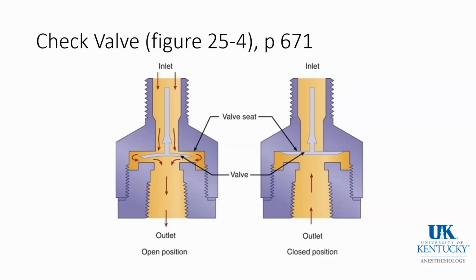Now, what is a check valve? I showed you the location of check valves on anesthesia machines. Not all anesthesia machines have check valves in the same places. A check valve is a flat valve in the connectors as shown here, and when positive pressure is applied against the direction of flow, a check valve prevents backflow.